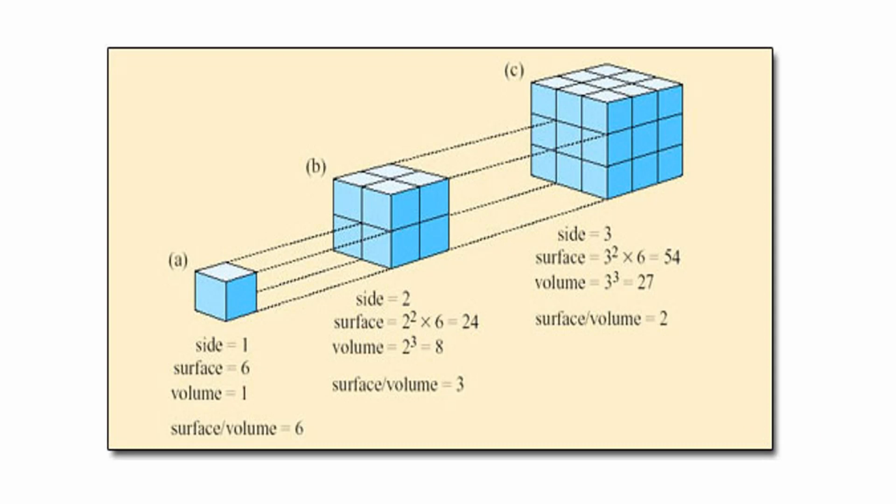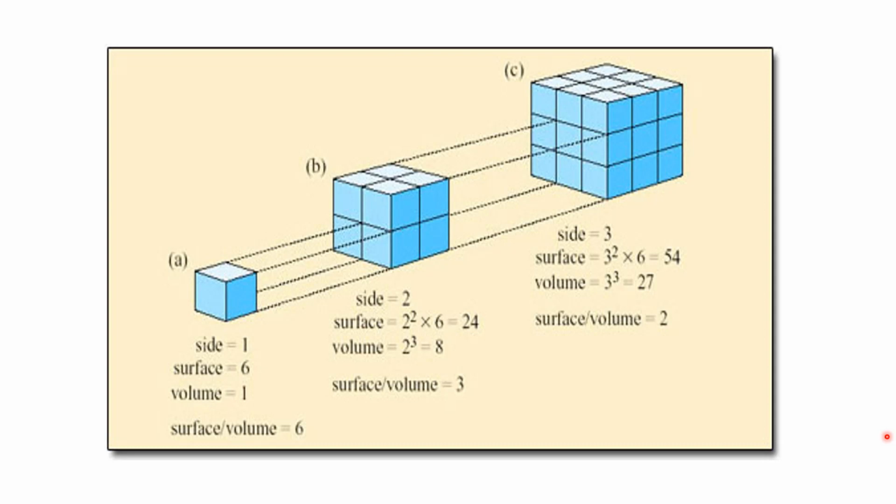And then my volume is 2 times 2 times 2, which equals 8. Okay, so if I wanted to figure out the surface to volume ratio in this case, I would take the surface area of 24 and divide it by 8. In that case, I now have a surface to volume ratio of 3. So as I double the size of this cube, I halve the surface to volume ratio.